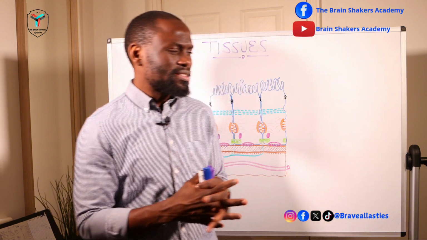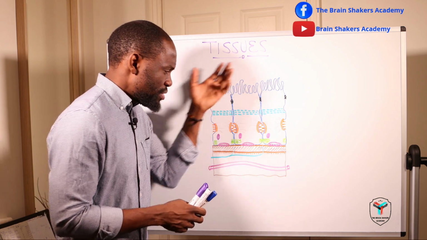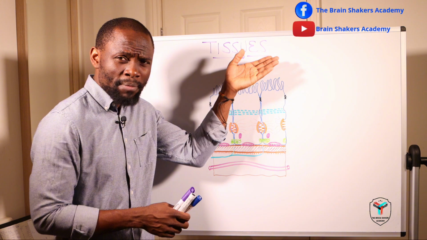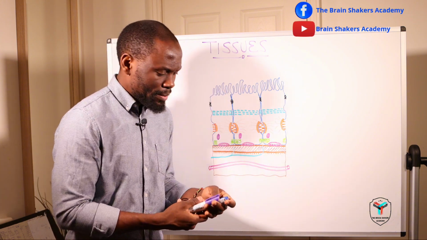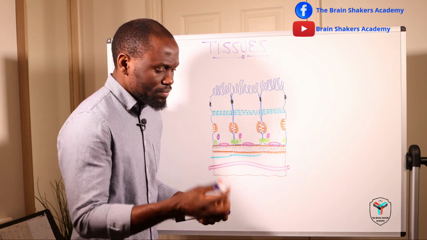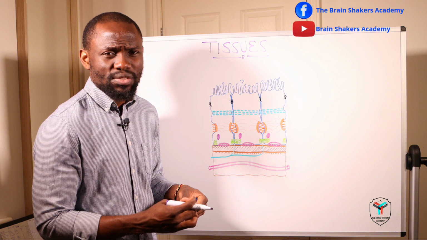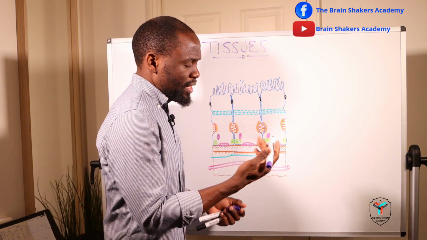So the body has about 4 principal tissues in it, and I have drawn a diagram here that is going to help us understand what tissues are and how they relate one cell to another. But before we get to the diagram, we need to look at some of those tissues that the body has. We said that they have 4 primary or principal tissues.